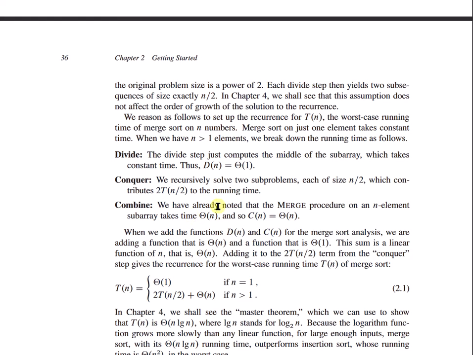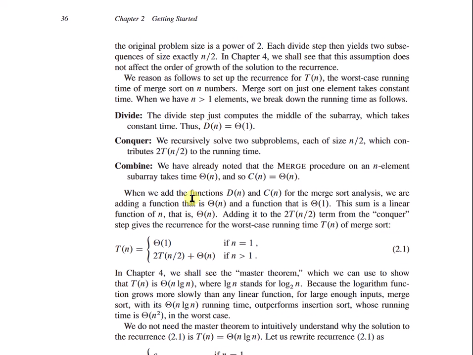And we have already noted the merge procedure takes theta of n, so it is dependent on the number of elements. When we add the functions for the merge sort analysis, we are adding a function that is theta of n and a function that is theta of 1, and the sum is a linear function of n.